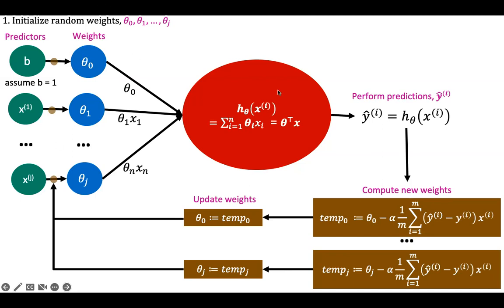gradient descent algorithm. We have a set of predictors, x sub 1 to x sub j, with the bias, assuming its value is 1. And each of these predictors, as well as the bias, of course, has associated weights. All right. And we take the weighted sum of each predictor and the weights.